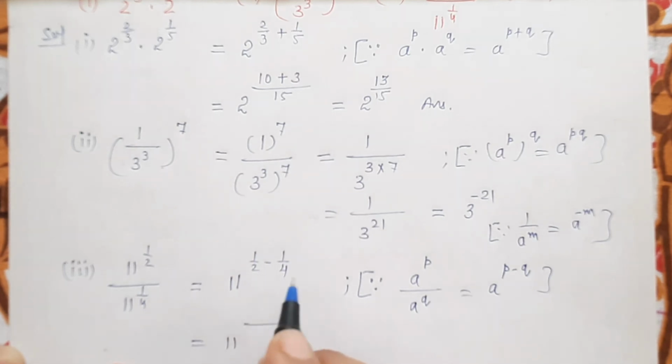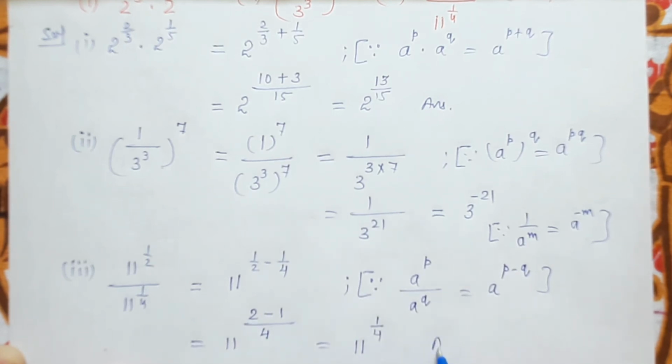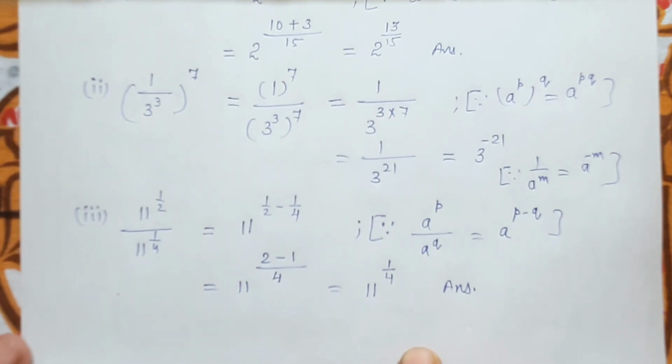We'll take the LCM of 2 and 4. It will be 4. 4 divided by 2 is 2, and 2 times 1 is 2. 4 divided by 4 is 1, and 1 times 1 is 1. So this can be expressed as 11 raised to power 2 minus 1, which is 1 by 4. This is the answer.